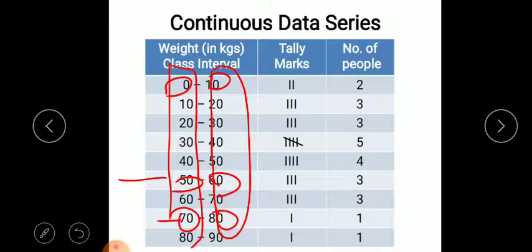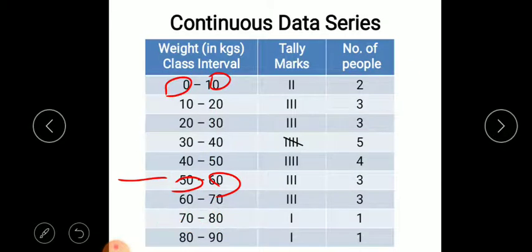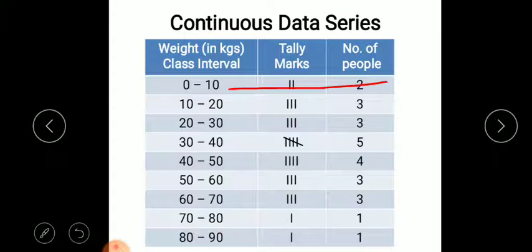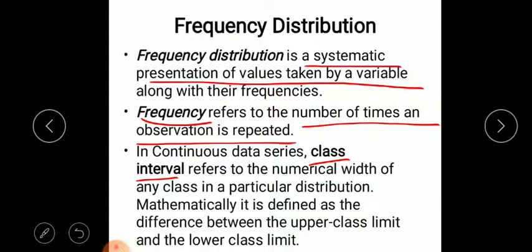Mathematically, if anyone asks what is the class interval or class width, you can say that here the class width is 10 minus 0, that is 10. Here the class width is 60 minus 50, that is 10. So the difference between upper limit and lower limit is nothing but the class interval.